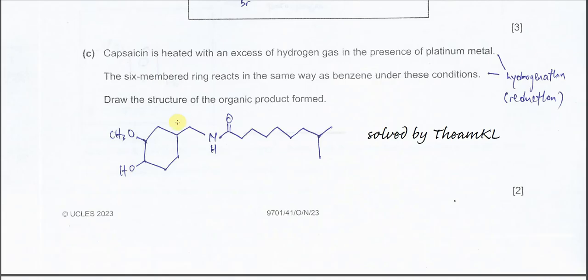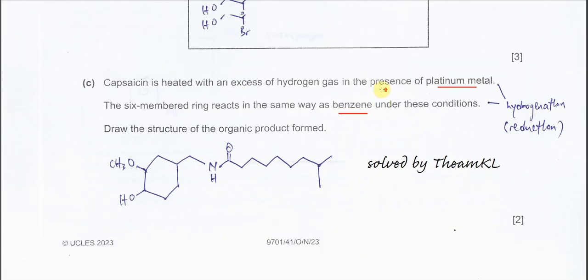For question C, capsaicin is heated with excess hydrogen gas in the presence of platinum metal. The 6-membered ring reacts in the same way as benzene under this condition. So again it's telling us this molecule will undergo hydrogenation. The type of reaction is reduction.